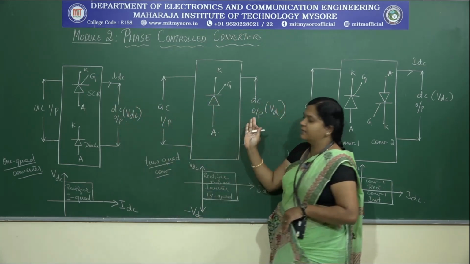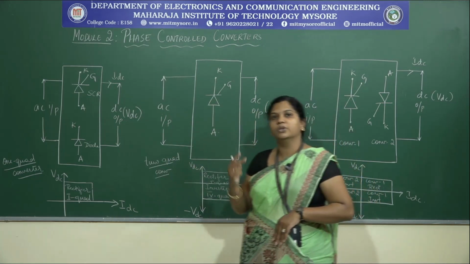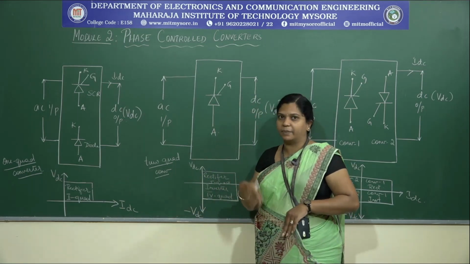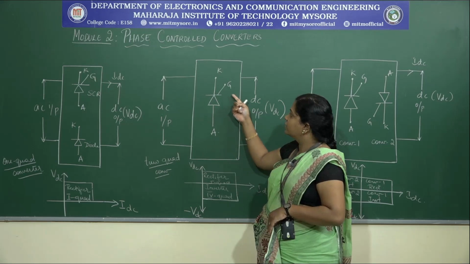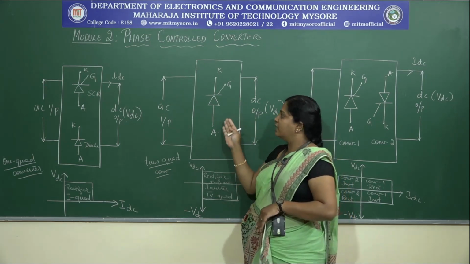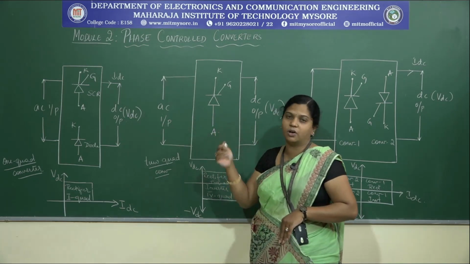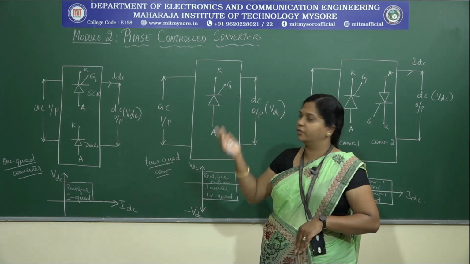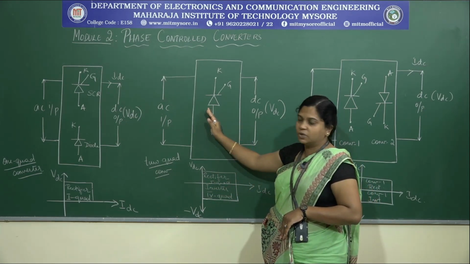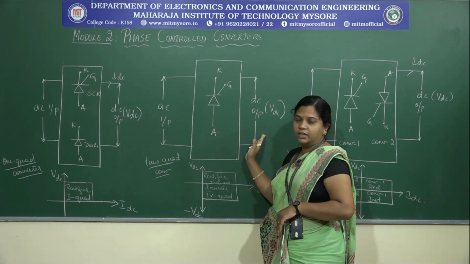Similarly, when we come to the two quadrant operation, here we are going to use two thyristors in an anti-parallel manner. During operation, depending on the location of the anode and cathode, one thyristor will be connected in such a way that for the positive half cycle it converts into DC.